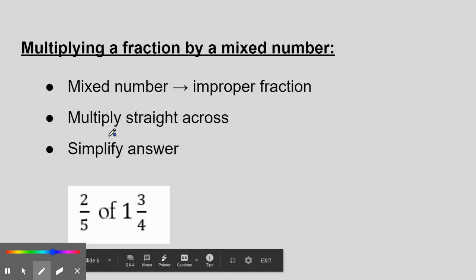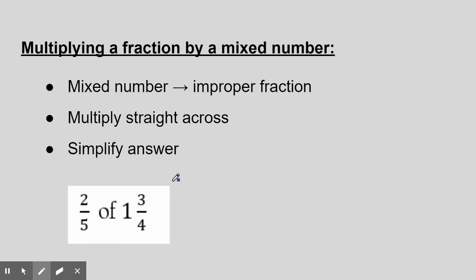All right, and the last situation we have is multiplying a fraction by a mixed number. So here's that word of. Remember, of means multiply. So my first step is I have to convert that mixed number into an improper fraction. If I do that using my Texas method, I should get 7/4 as the improper fraction.